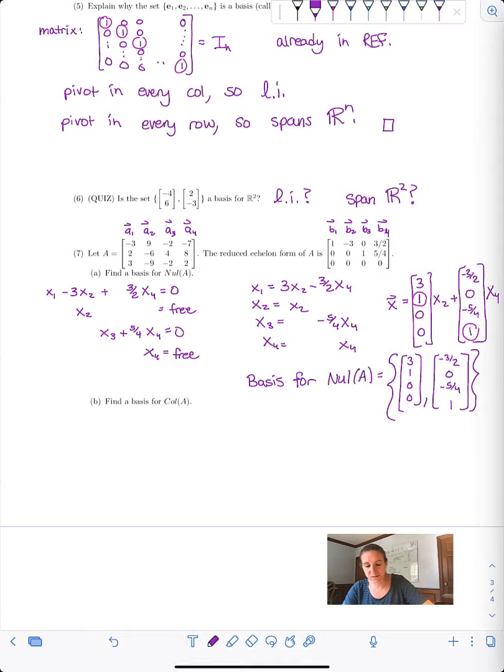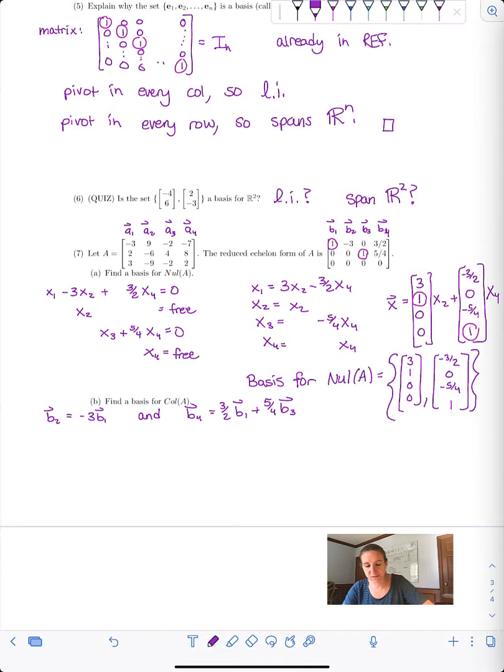First notice that the places where we have pivots are the most important places. The other columns are actually linear combinations of our basic columns. So B2, for instance, equals -3 times B1, and B4 is 3/2 times B1 plus 5/4 times B3.